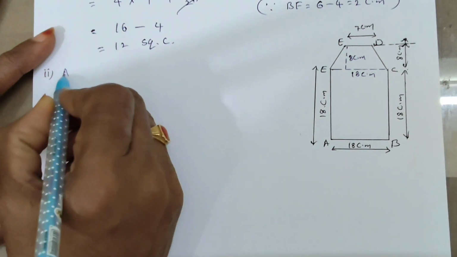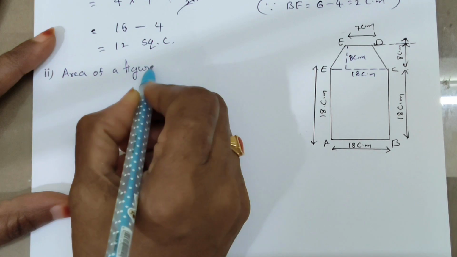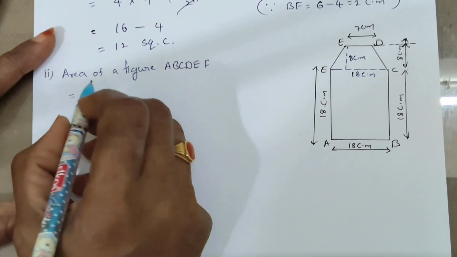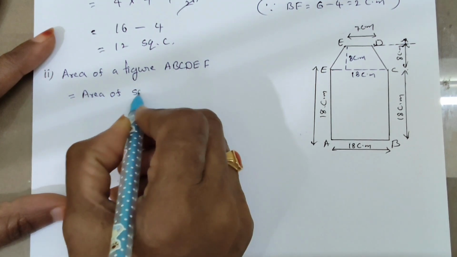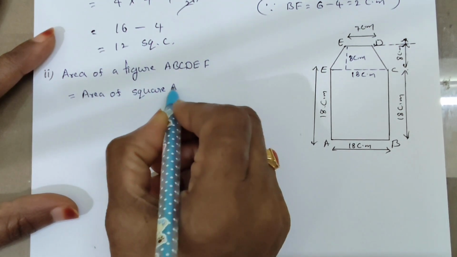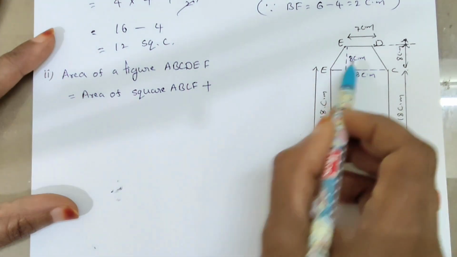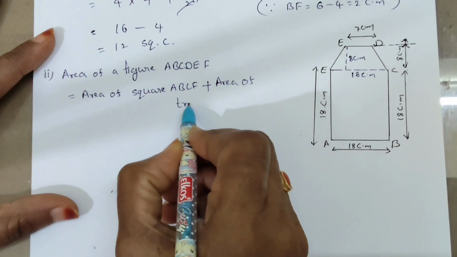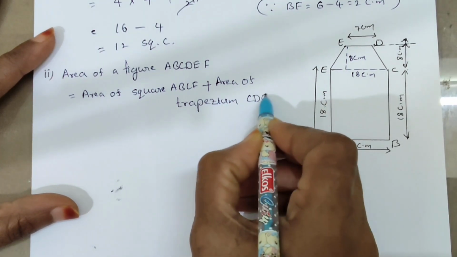So first we write the area of figure ABCDEF is equal to the area of square ABCF plus the area of trapezium CDEF.